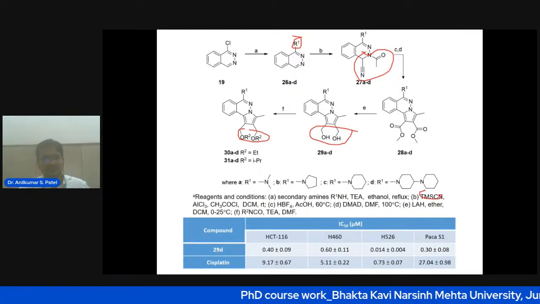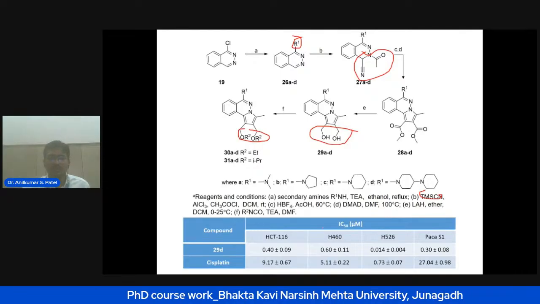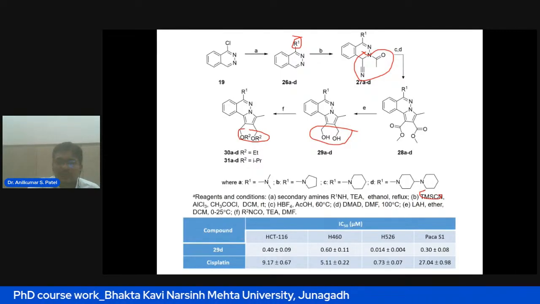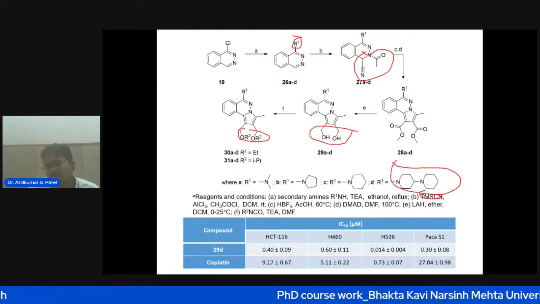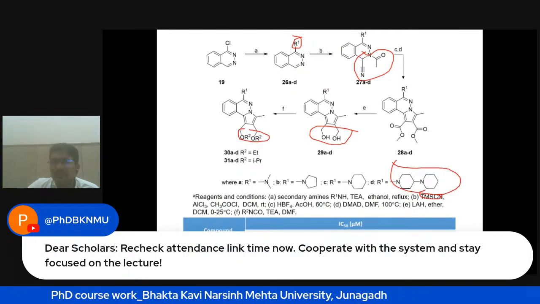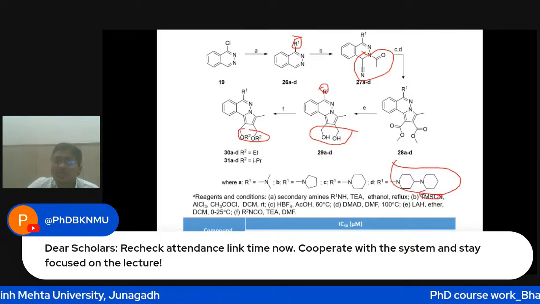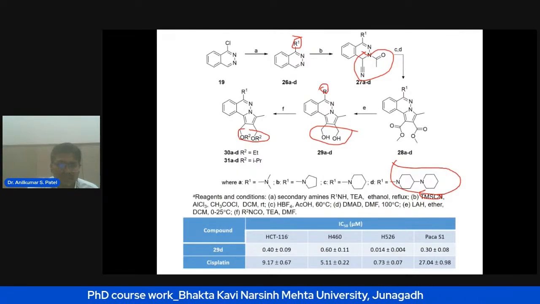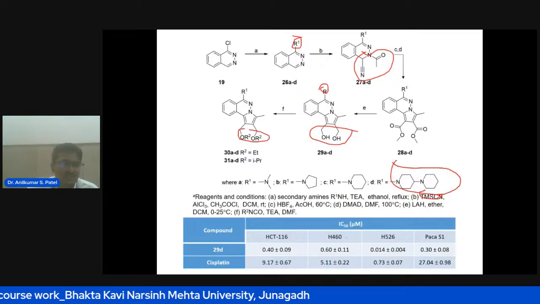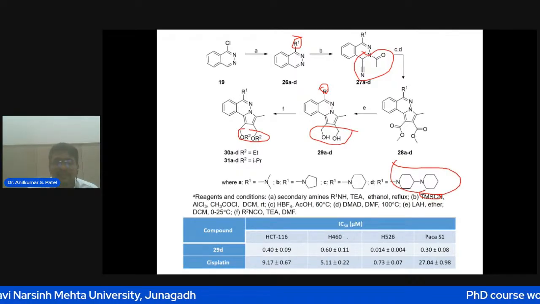Now the important part is their biological response. You can see that compound 29D, which has the bipiperidine structure at the R1 position, gives very good potency in HCT116, a colon cancer cell line, as well as A546, a non-small cell lung cancer cell line.